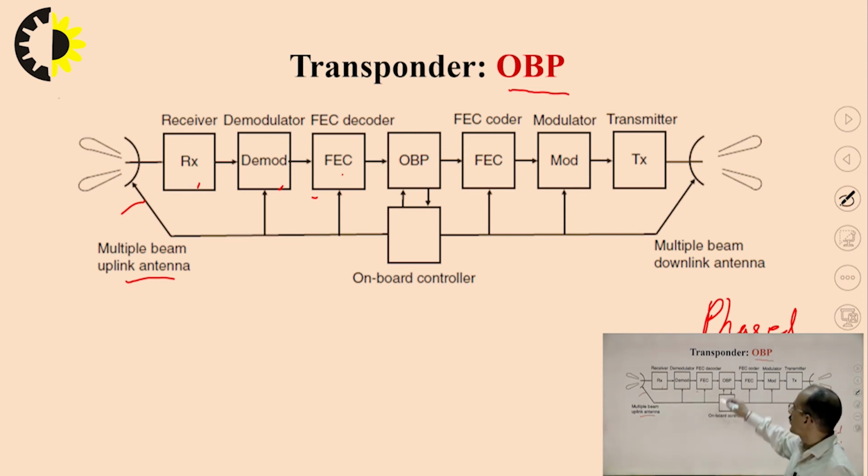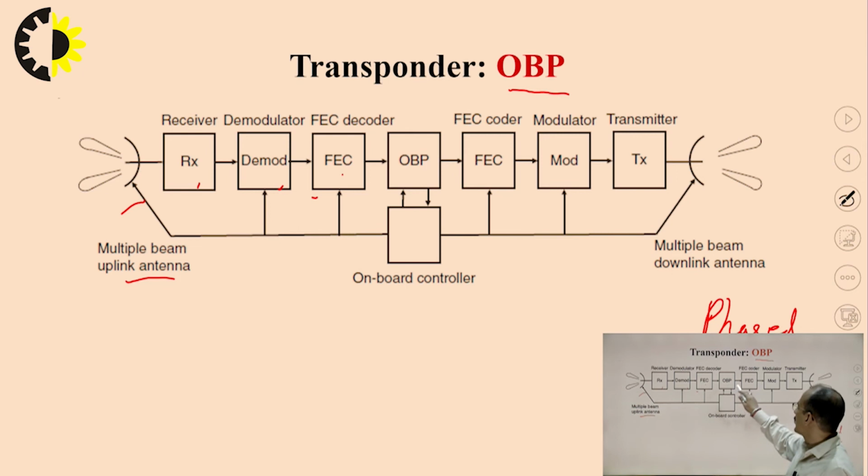So forward error correction techniques are used for decoding as well as encoding. After that, there is an onboard processor. That onboard processor processes the incoming data and creates the multiple beams as per the requirement.